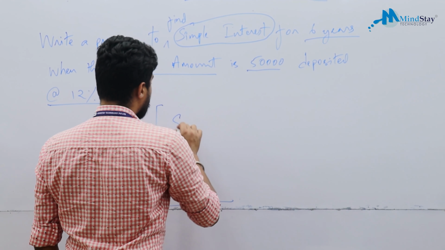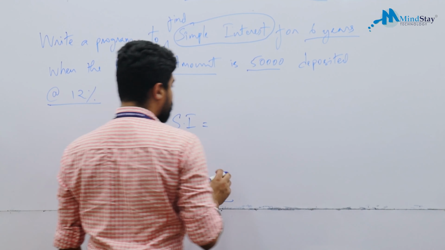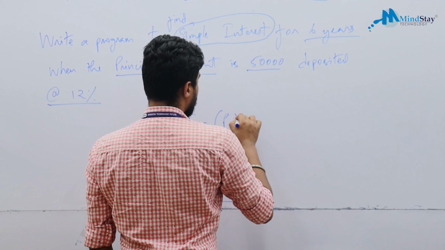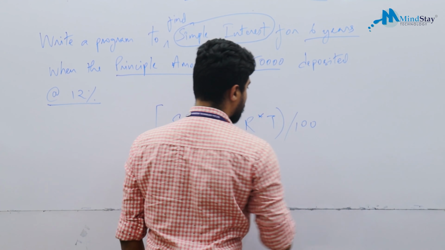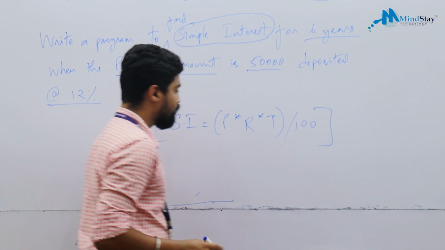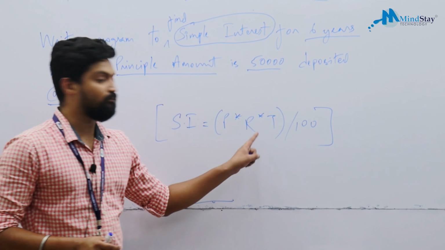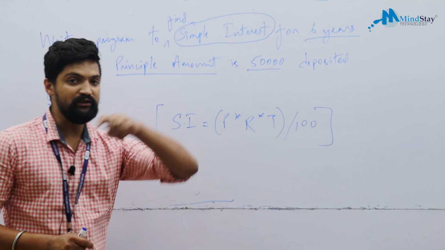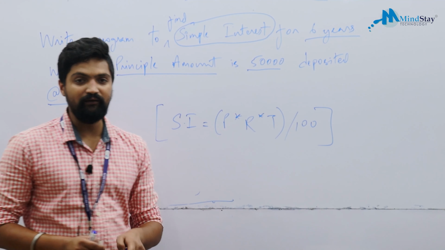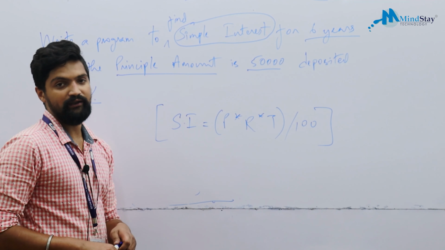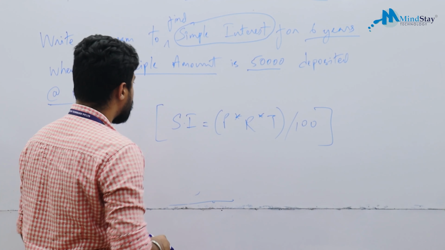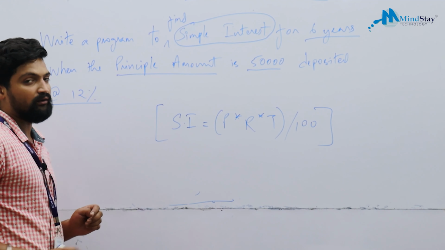What is that formula? SI, simple interest, is equal to P into R into T whole divided by 100. Principal amount multiplied by rate multiplied by time in years, divided by 100, is your simple interest. Now, what is the question demanding here?